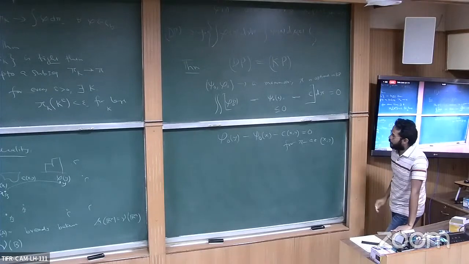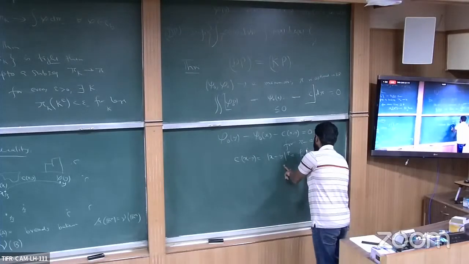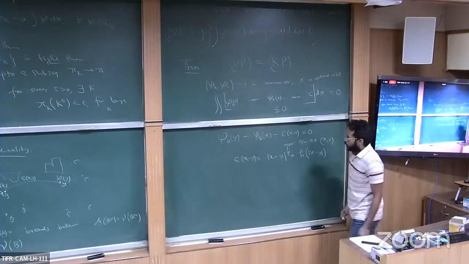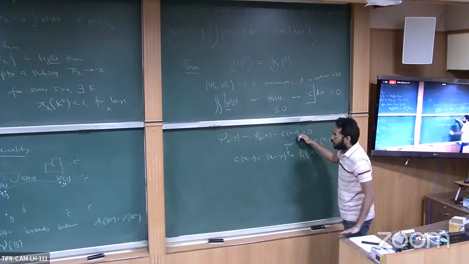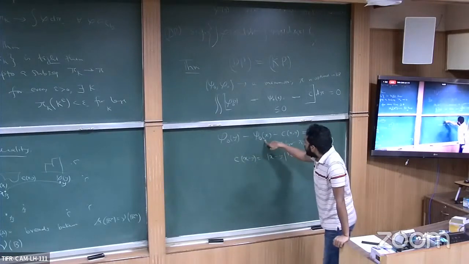Okay. All right. So for the moment, assume that the cost is given by, say, mod x minus y to the power p, which I will write as h of mod x minus y. Now we have a certain identity. Okay, so just for the moment, differentiate with respect to the variable x.